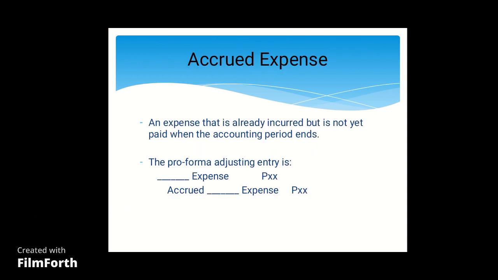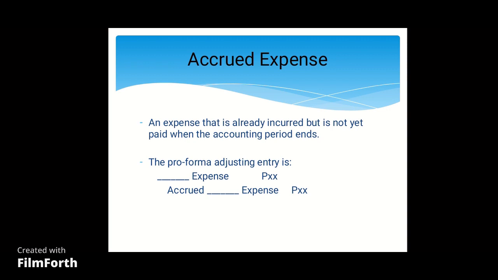So accrued expense is an expense that is already incurred but is not yet paid when the accounting period ends. Since we normally record an expense when paid, any expense that is incurred but not yet paid is presumed and understood to have not yet been recorded unless an adjusting entry is prepared.